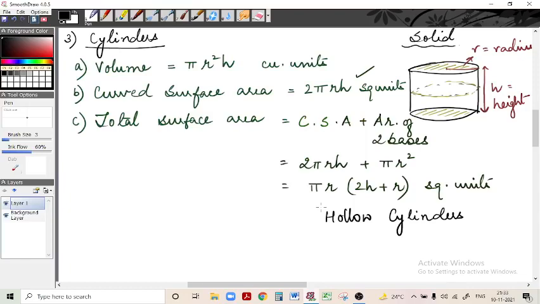suppose this is the figure: circular top, circular body, circular base, but as it is hollow, this portion is like this.